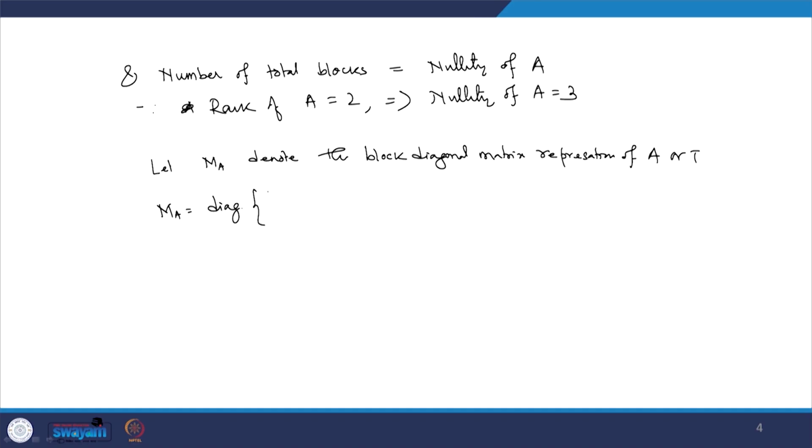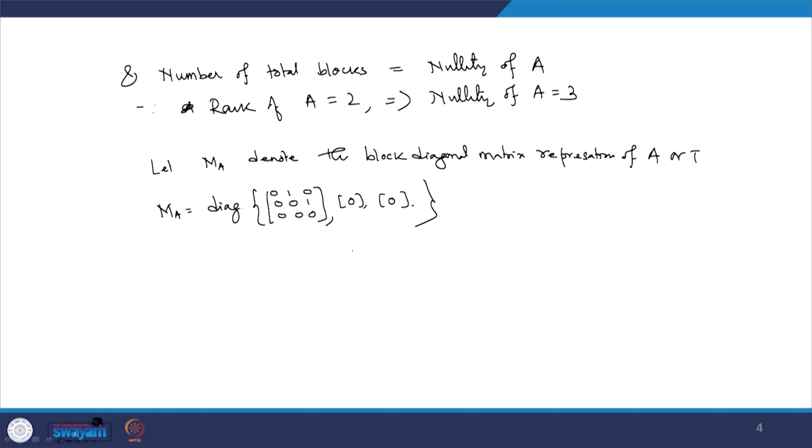So, I will have 0 1 0 and so on, and there will be 2 more blocks, of order 1 and 1 only, that is 0 and 0, because the total number of blocks has to be exactly equal to 3.